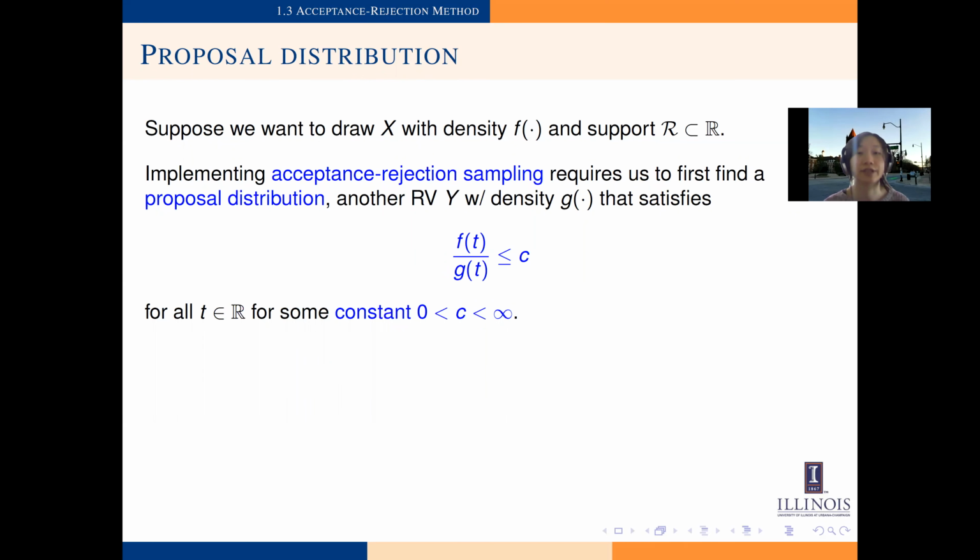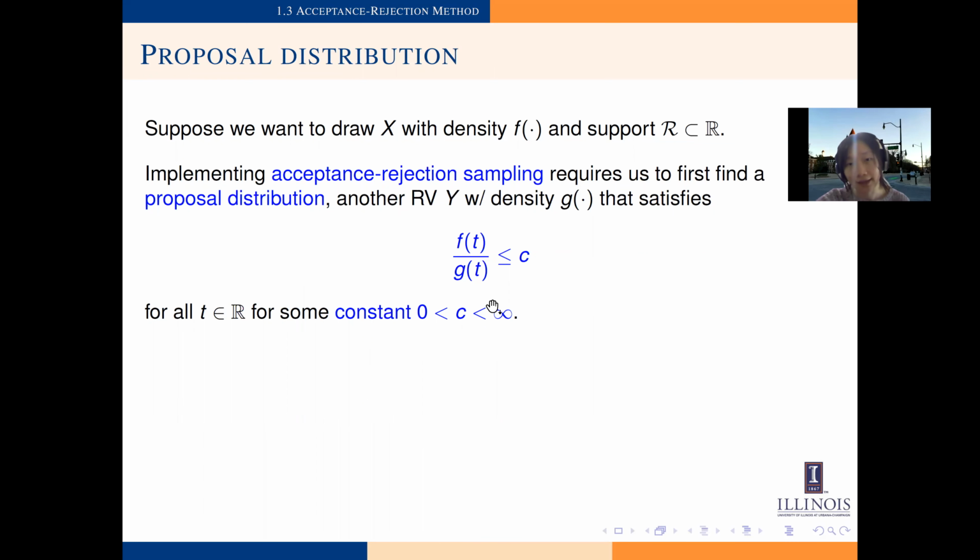Implementing the acceptance rejection sampling requires us to first find a proposal distribution, that is, another random variable Y with density, so PDF, g, that satisfies the following inequality. f(t) divided by g(t) is less than or equal to a constant c for all possible t values, and for some constant c between 0 and infinity.